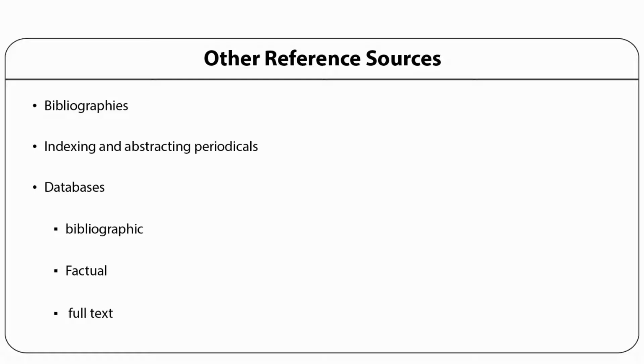Full-text databases, or complete text databases, contain the complete text of books, dissertations, journals, or magazines.